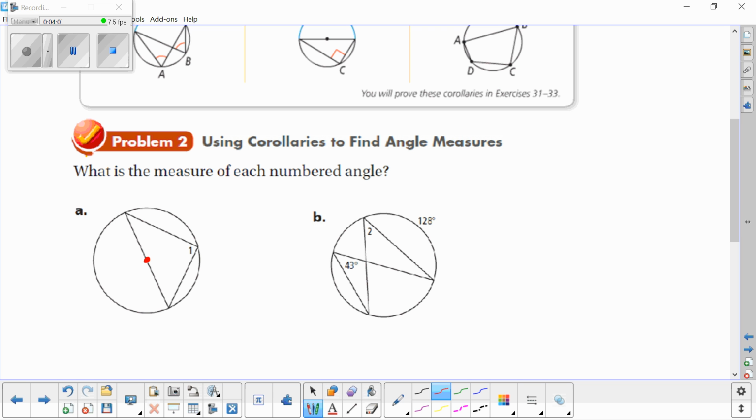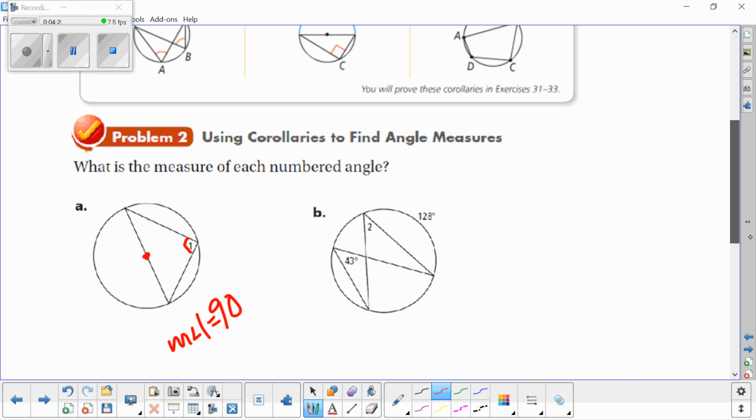So this is the center. That means this angle is cutting off a 180-degree arc, but any angle inscribed using the diameter is a 90-degree angle. So the measure of angle 1 equals 90. Over here on this next problem, angle 2 cuts off the same arc as this 43-degree angle.